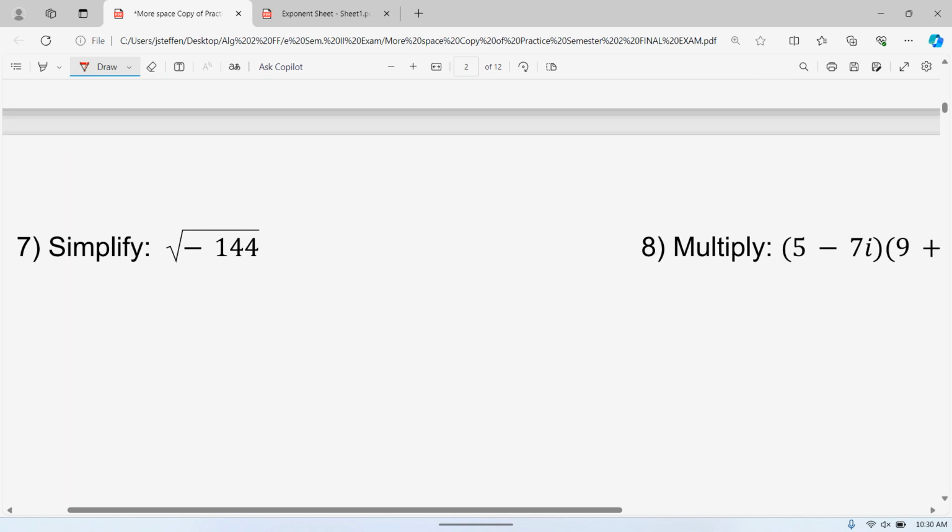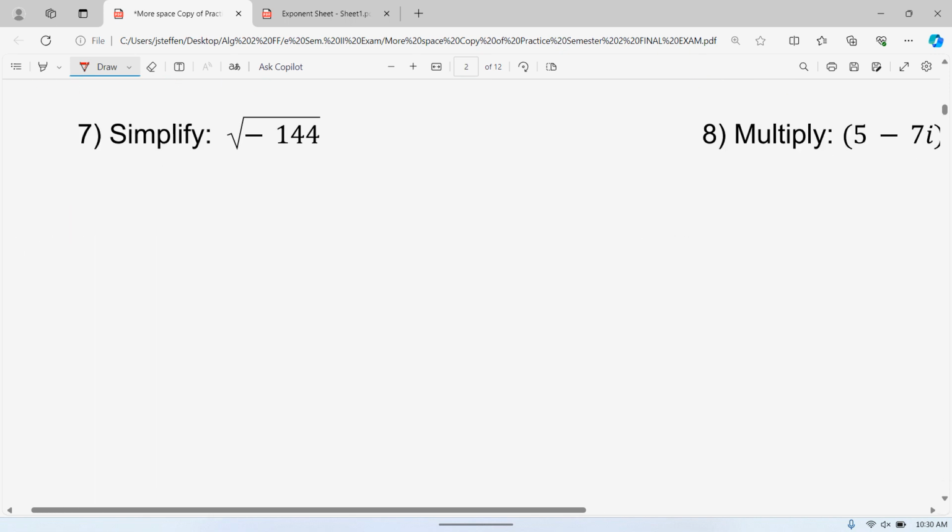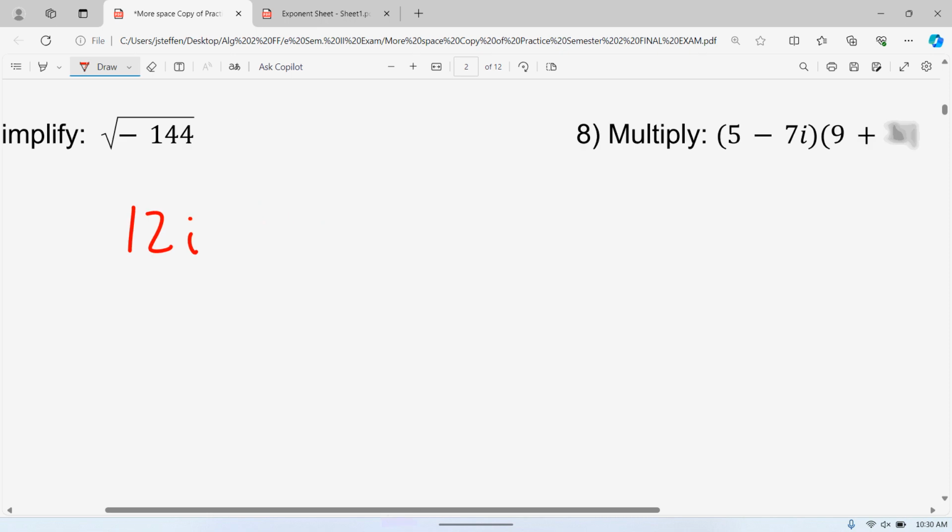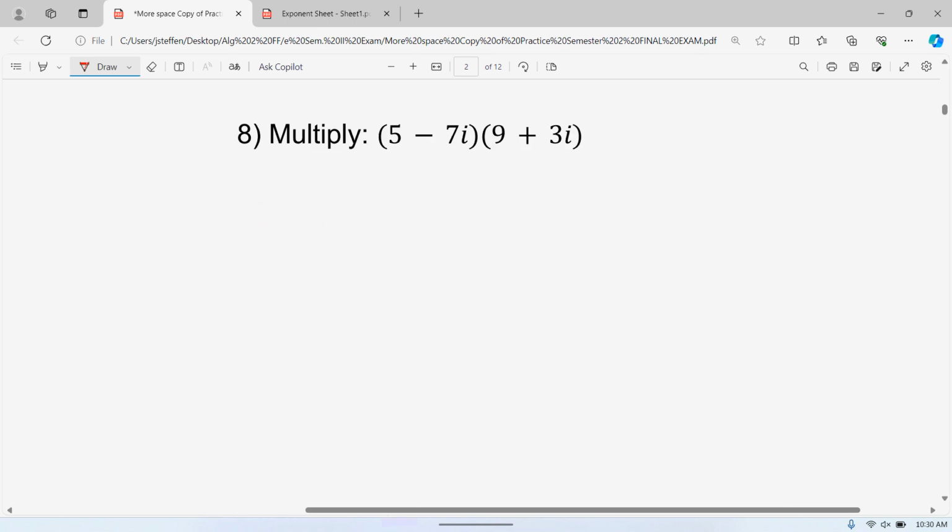Okay, moving on. Number 7, the square root of negative 44. Well, the square root of 44 is 12, so since it's negative, it's 12i. We kind of just did this. Times 9 is 45. 5 times 3 is 15i. Times 9 is 63i.